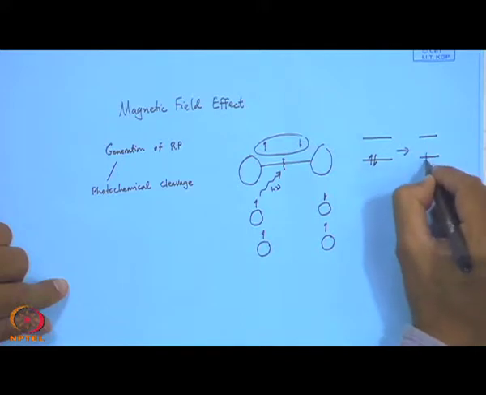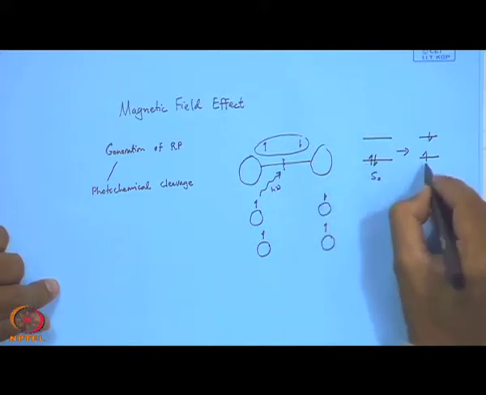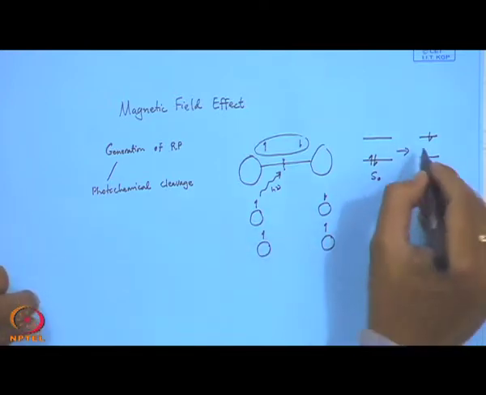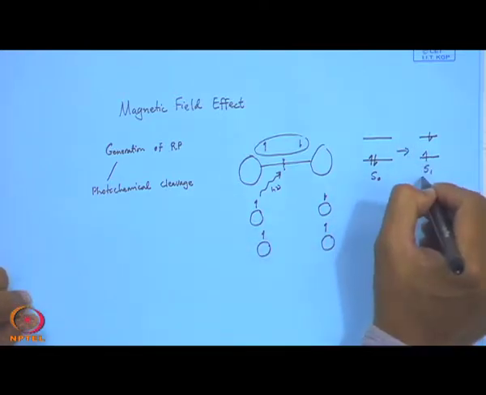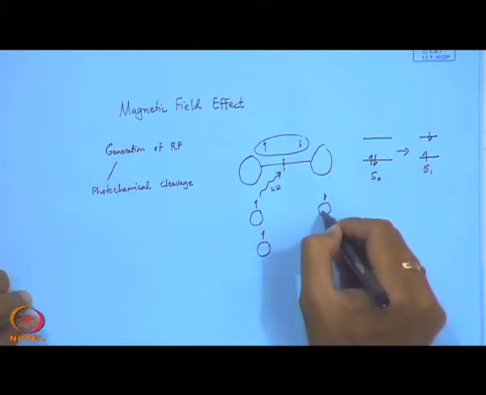So this is your S0 state, and this is your S1 state. In this S1 state, if this cleavage takes place, it will give rise to a singlet radical pair.